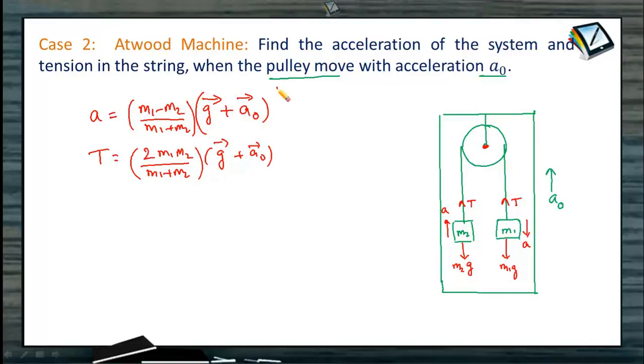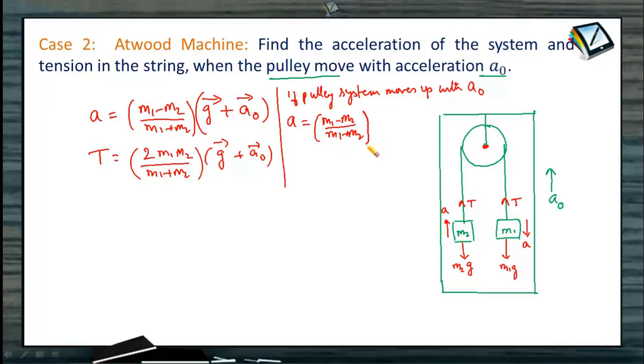For example, if the pulley system moves up with acceleration A0, then the acceleration of each mass is (M1 minus M2) by (M1 plus M2) into G. Now I will write it in terms of magnitude.